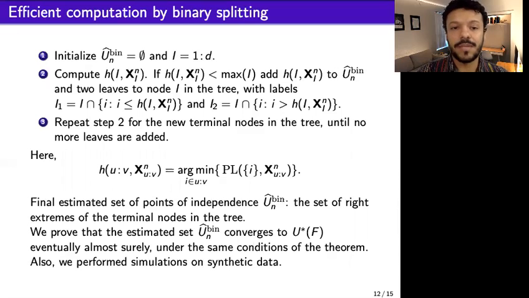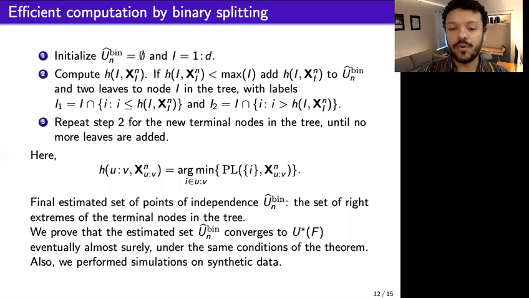So this binary splitting algorithm constructs a binary tree with nodes indexed by subintervals of the indexes such that the set of terminal nodes of the tree is a partition of the index set, and the endpoints of these trees construct the final set of independence.